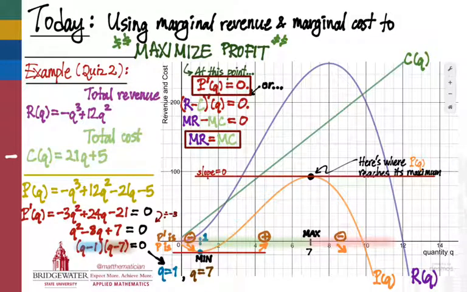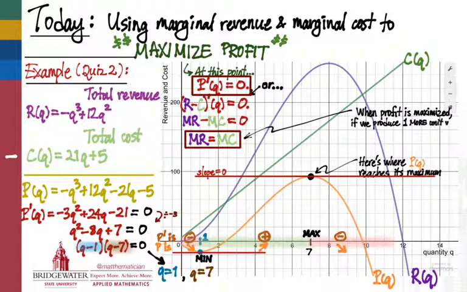And just to put some meaning onto this second equation, let's think about what's happening to the revenue and the cost functions at this point, production of 7,000 units in this example, that's maximizing my profit. So when my profit is maximized, the marginal revenue equals the marginal cost.